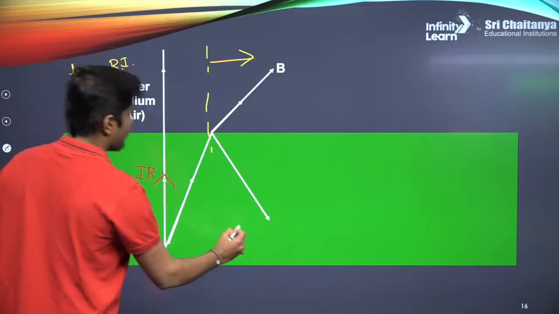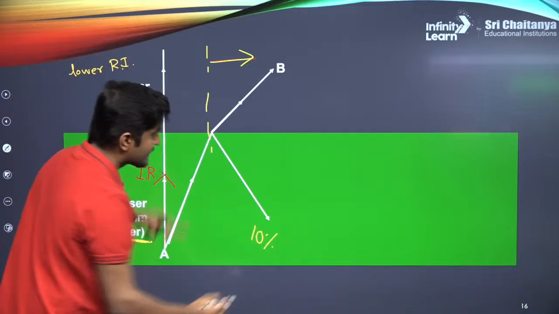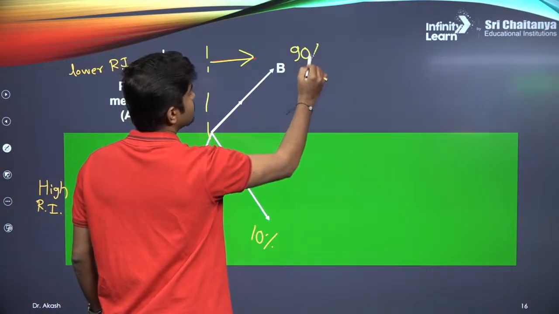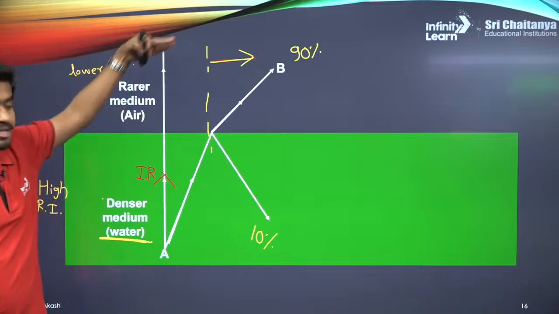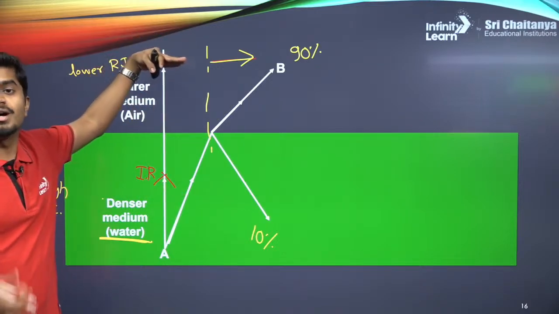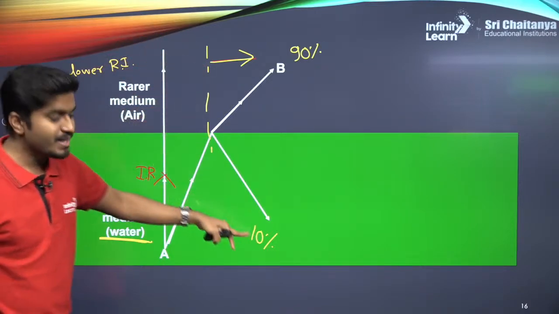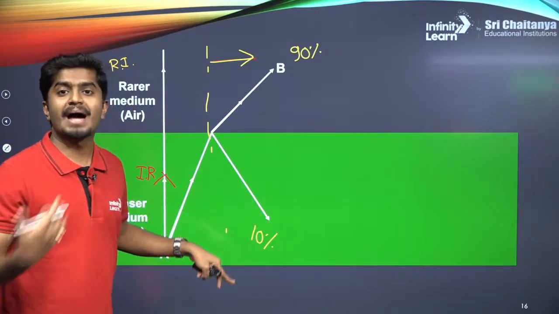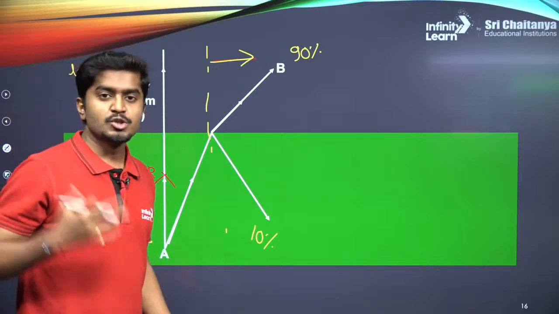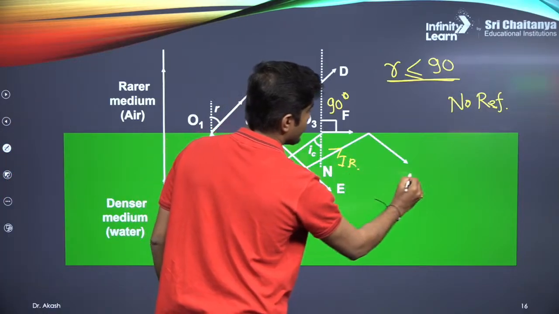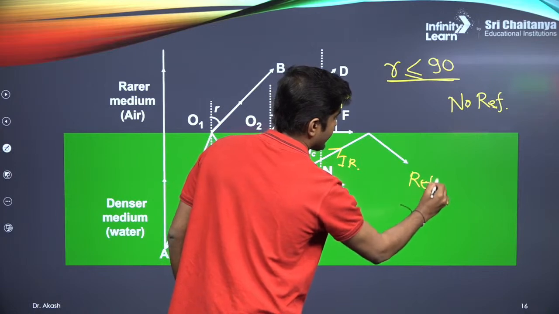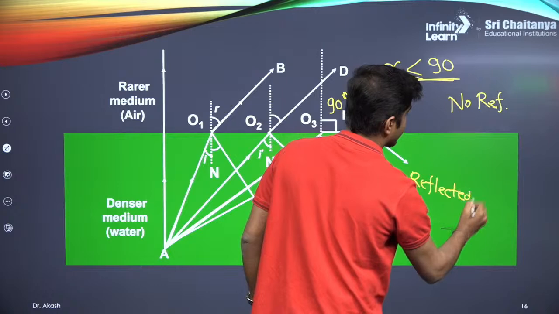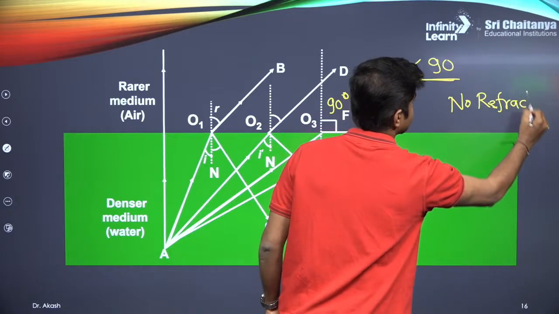So maybe 10% of light is reflected back and 90% of the light is refracted. So 90% of the light goes to the second medium and 10%, let's say it can be anything, came back in the same medium. This is the reflected ray, and this is the refraction.